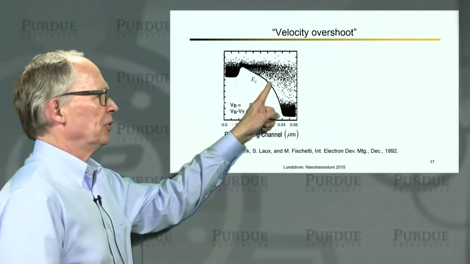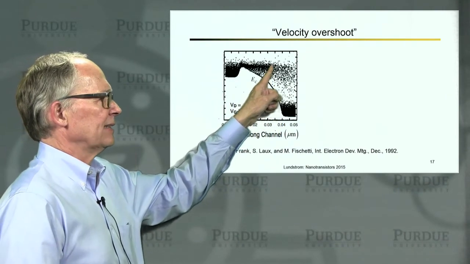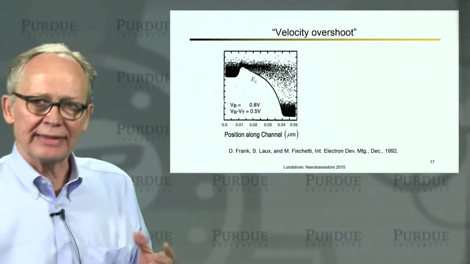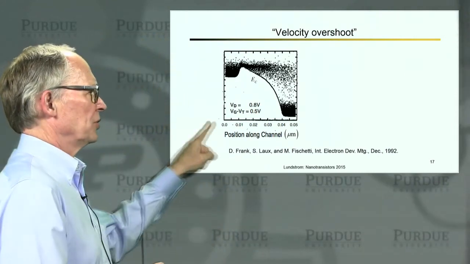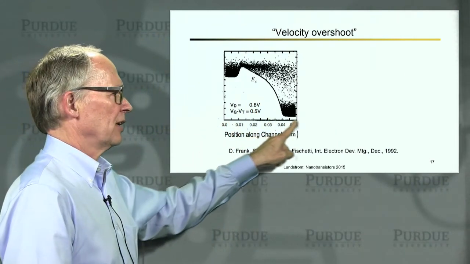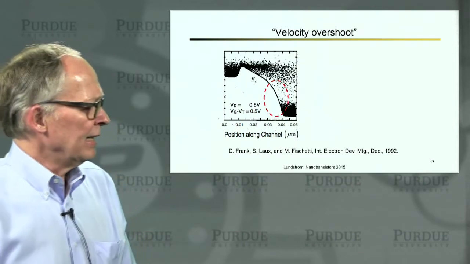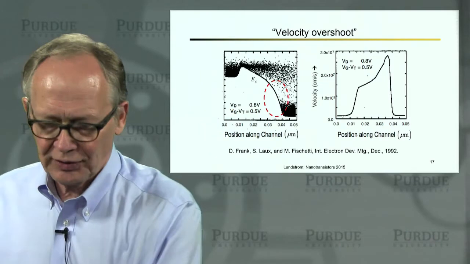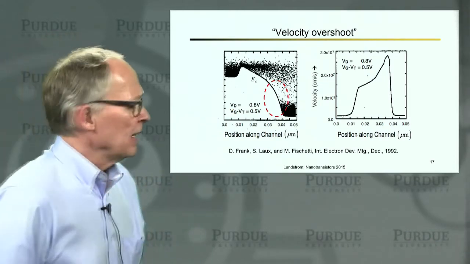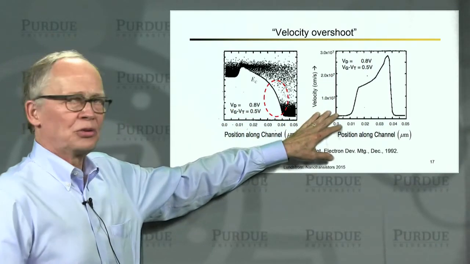Well, we can go to any position here, and we know the velocity of every one of those electrons. We can just add them all up, and we can compute the average velocity versus position from the source across the channel and out the drain. So if you do that, what we'll find is a velocity versus field curve that looks like this. So the average velocity is low in the source.